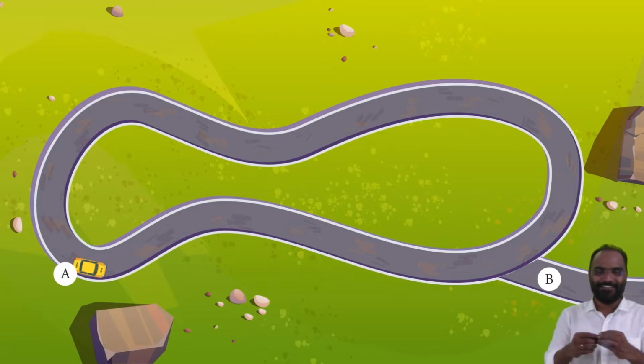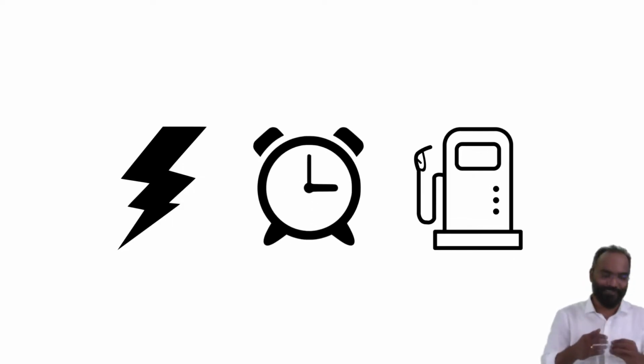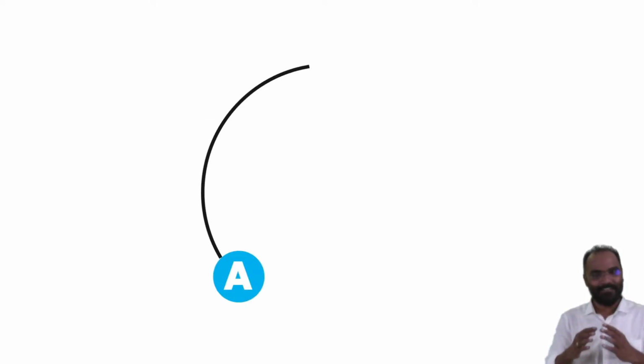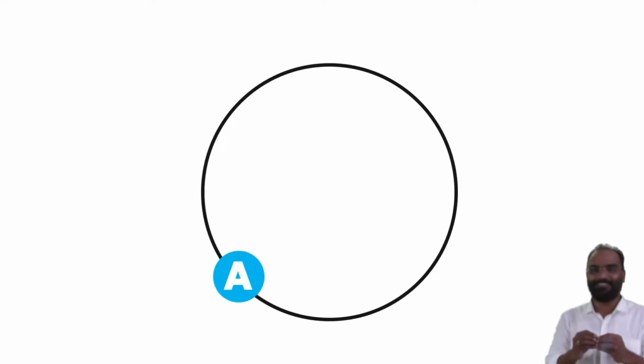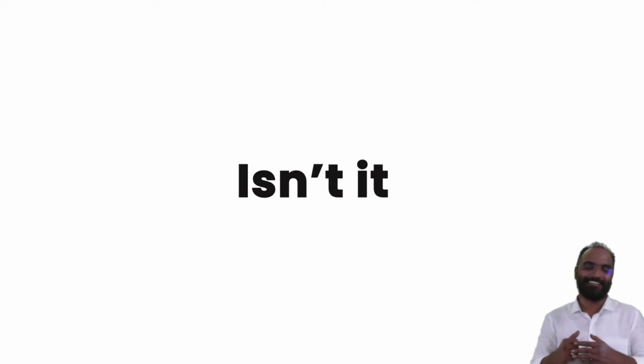Right? So you consumed your energy, you consumed time, you consumed fuel, and yet you are at the same place where you started. It doesn't mean that you have to ignore your energy, time, and cost, isn't it?